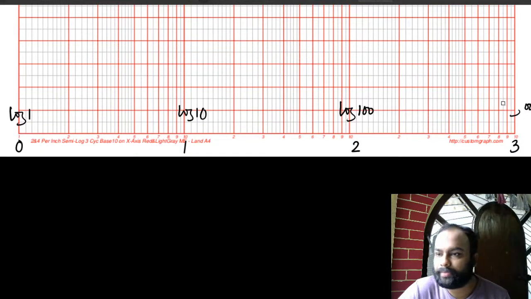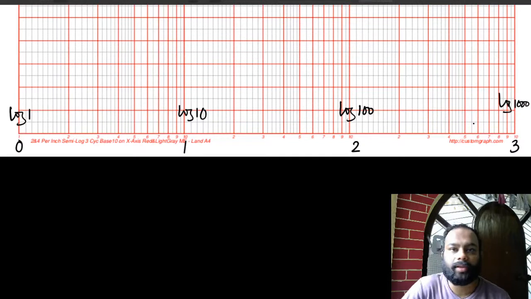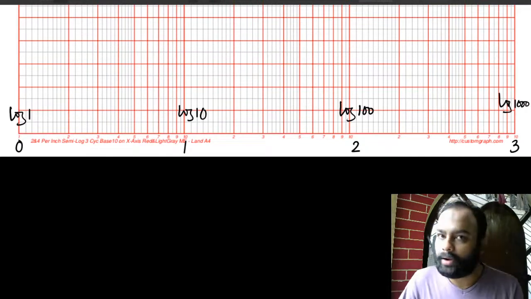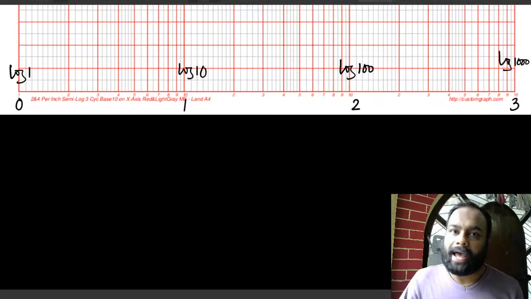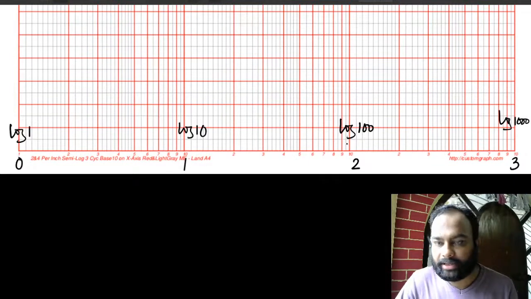But as linear, if I take these thicker lines here, this looks like a linear graph paper, right? So this is length 1, this is another length 1, this is another length 1.